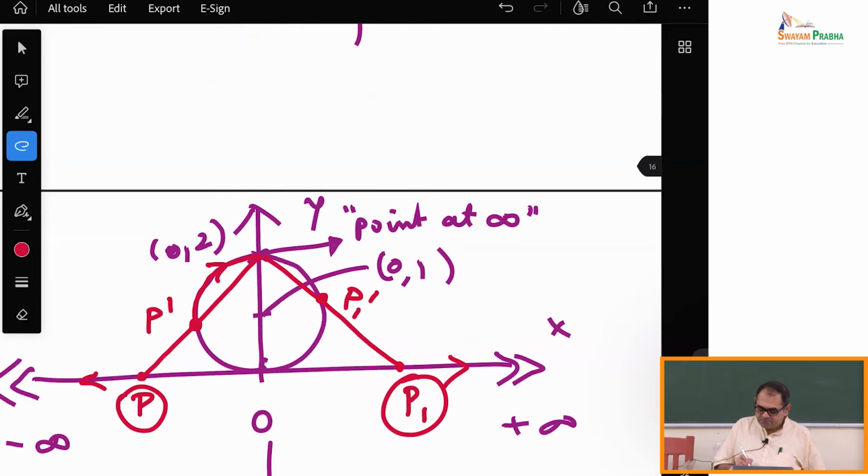And as P1 goes to infinity, you see that P1 dash also tries to approach the same point. So both plus infinity and minus infinity correspond to the same point, and it's a real point that you can work with. So we say that the circle is the one-point compactification of the real line.